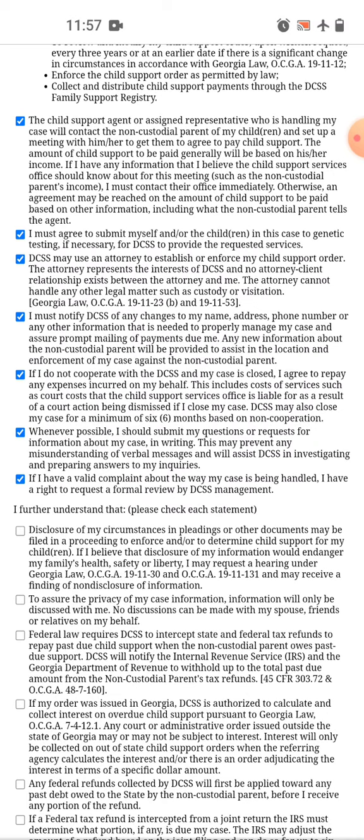I'm going to read it one last time. DCSS may also close my case for a minimum of 6 months. A minimum of 6 months. They can close it permanently. It says a minimum of 6 months based on non-cooperation. Whenever possible, I should submit my questions or requests for information about my case in writing.